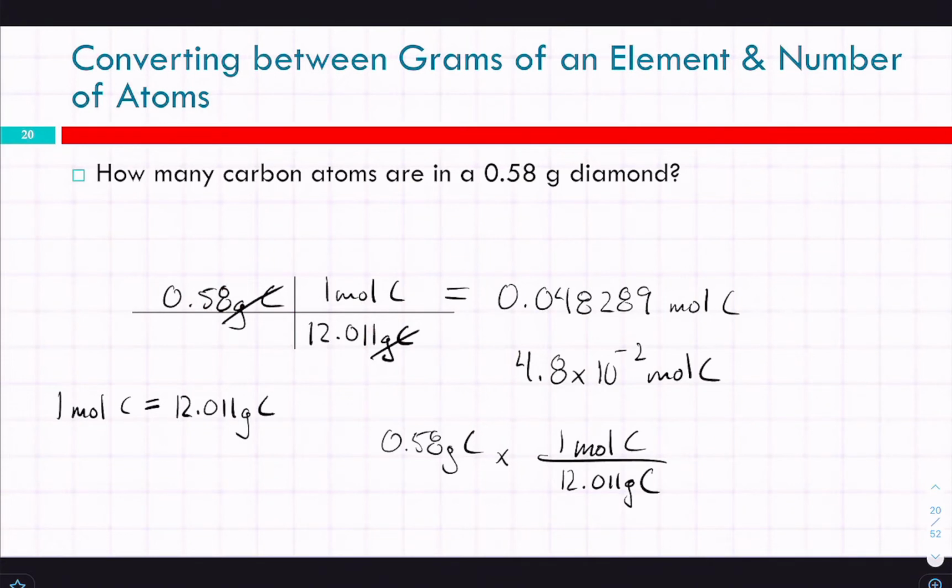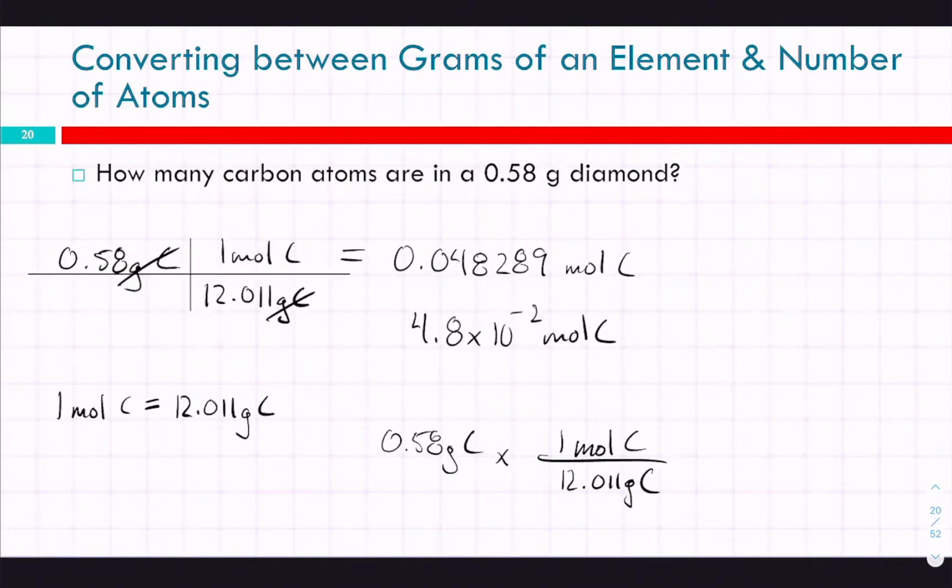We don't have another step that is asking about the atoms? Oh, sorry. You're right, we do have another step. So how do we go from moles to atoms? Yeah, 1 mole equals 6.022 times 10 to the 23.